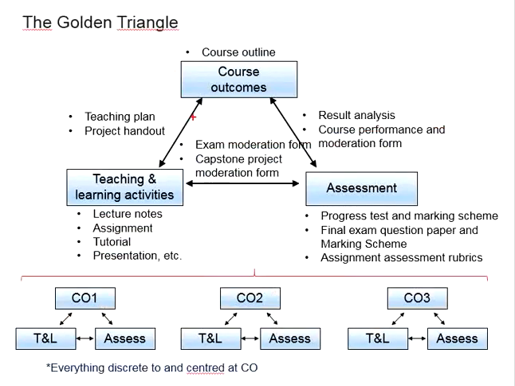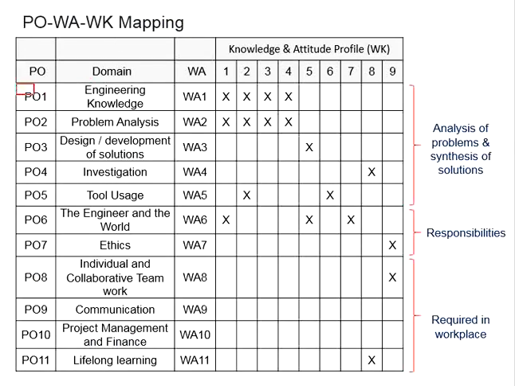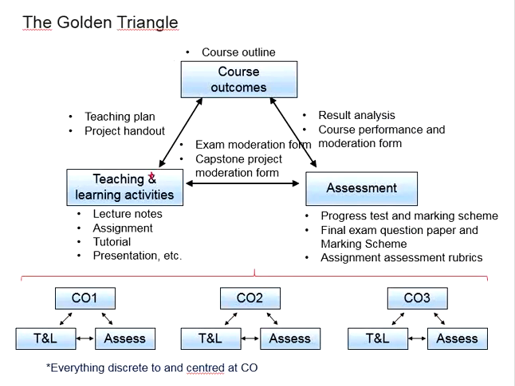Based on the principles of the golden triangle, the teaching and learning activities, the outcome, and the assessment should all be in line. If the course outcome is to be mapped to PO1, you will need to make sure there is complex engineering problem solving in the teaching and learning activities, and there shall be assessment up to the levels of complex engineering problem solving.